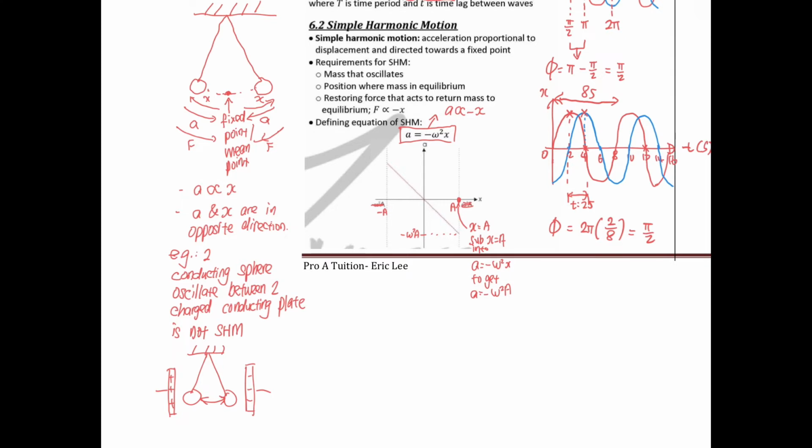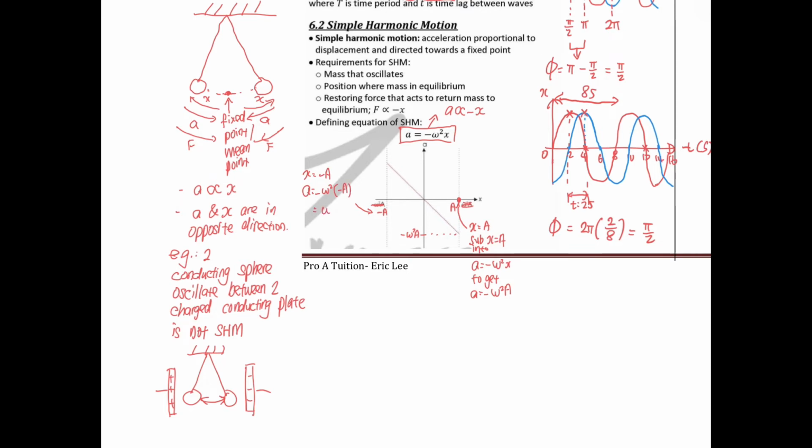Then you substitute minus a into the x, and the negative and negative cancel off. Then you get positive omega square a. Let me write down the working here. x equals negative a, so a equals minus omega square times minus a.